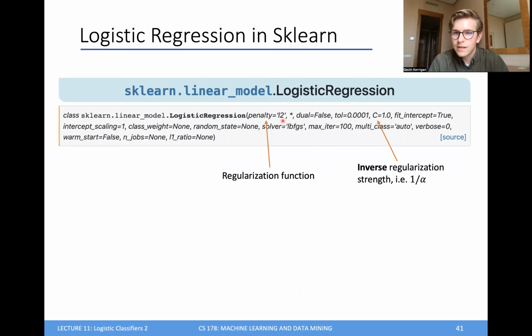But the strange thing is that rather than passing in a regularization strength, which is what we've been working with in the slides, this alpha variable that I introduced, they actually use the inverse regularization strength. So C is equal to 1 over alpha, where alpha is that strength we had shown in a few slides ago. So just to note that small values of C represent large values of alpha and vice versa.